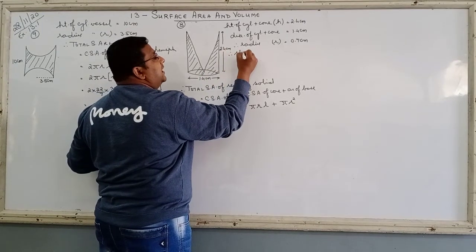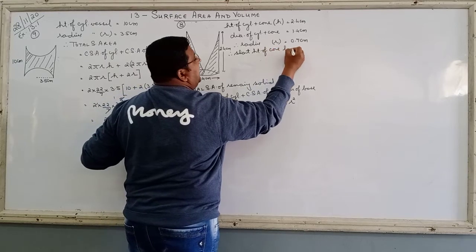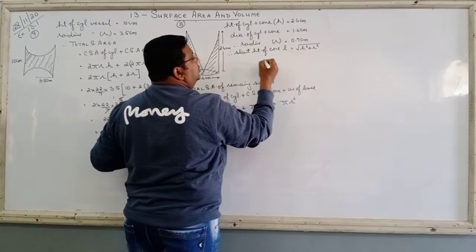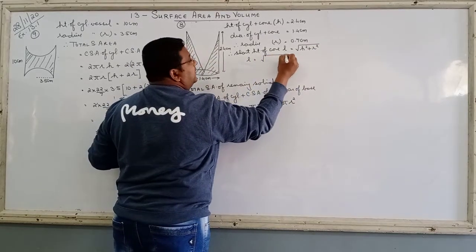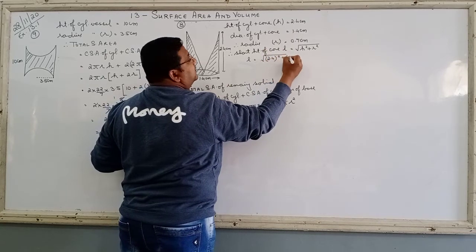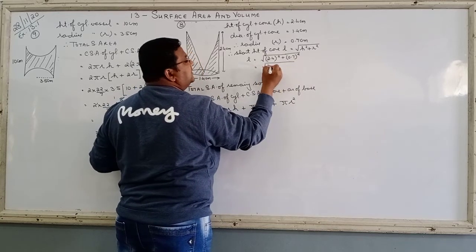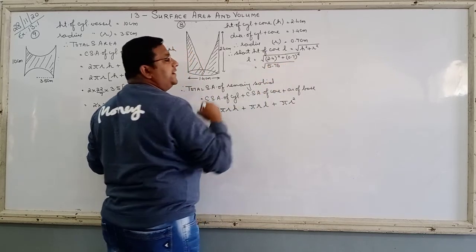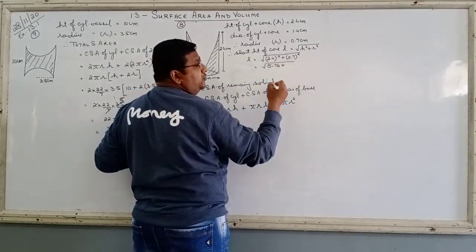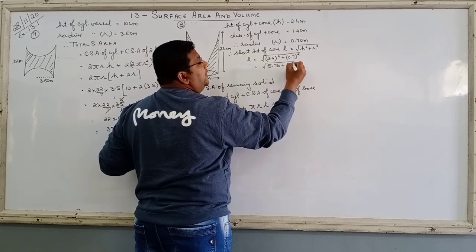So therefore, slant height of cone, that is L, is equal to root of H square plus R square. So L is equal to root of 2.4 square plus 0.7 square. 24 square is 576, so 2.4 square will be 5.76. 7 square is 49, so 0.7 square will be 0.49.